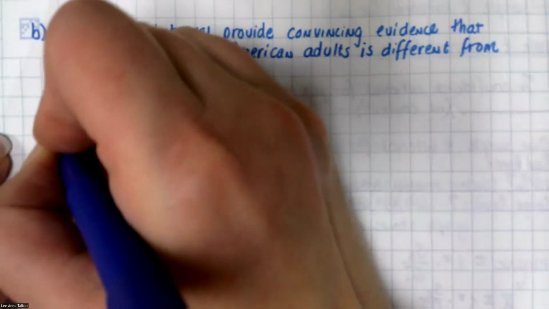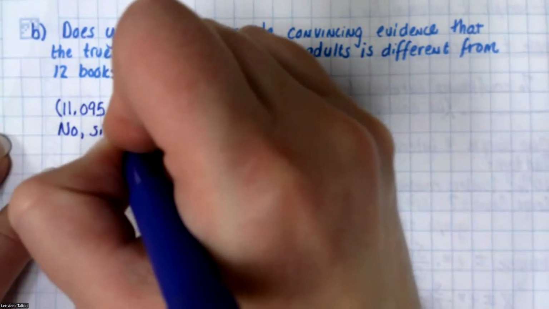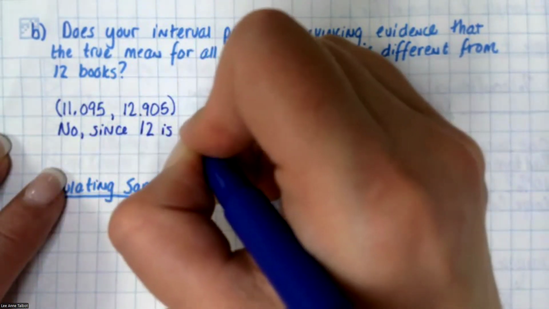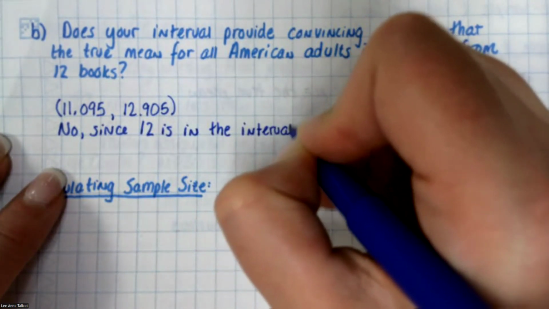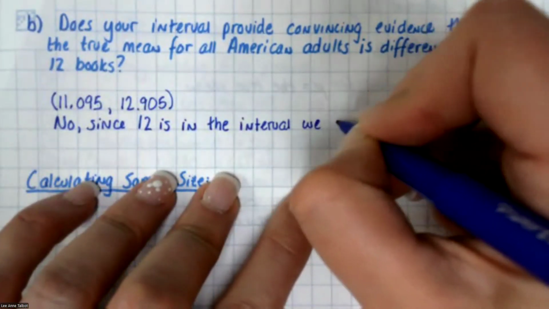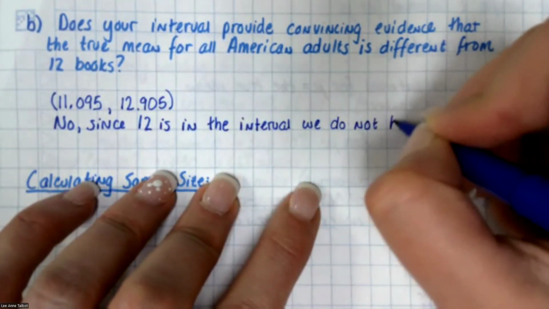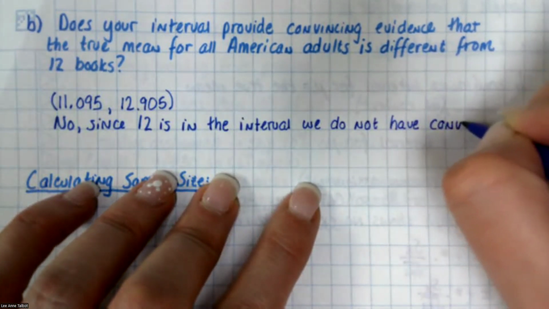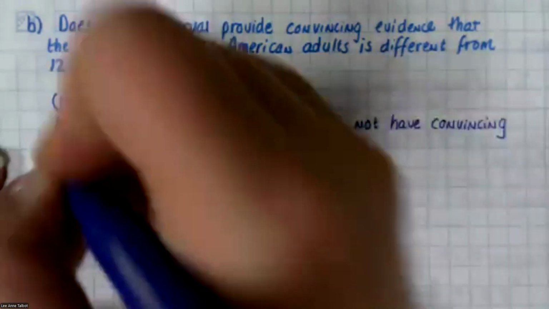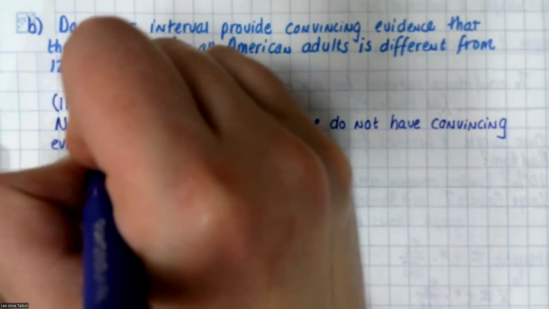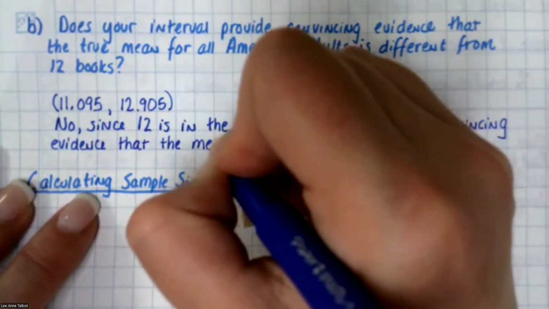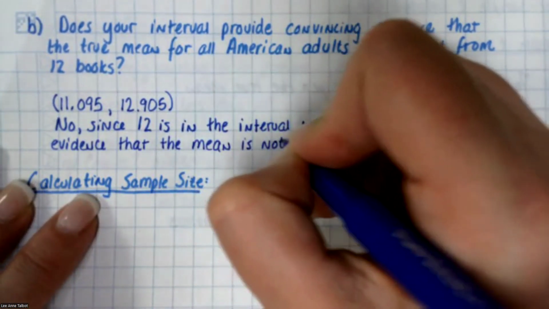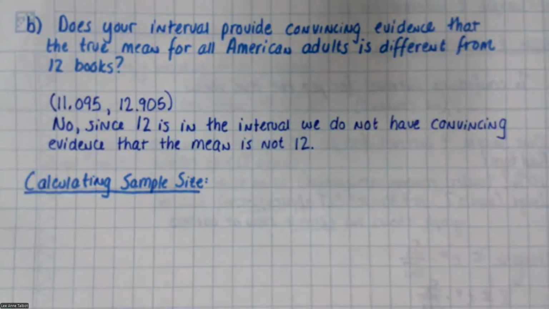No. So we're going to say no. Since 12 is in the interval, we do not have convincing evidence that the mean is not 12.